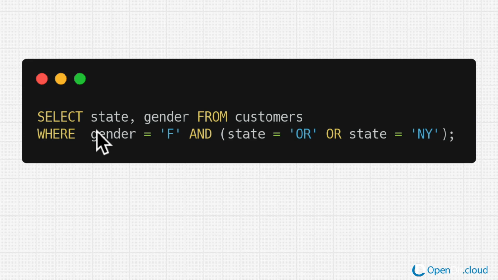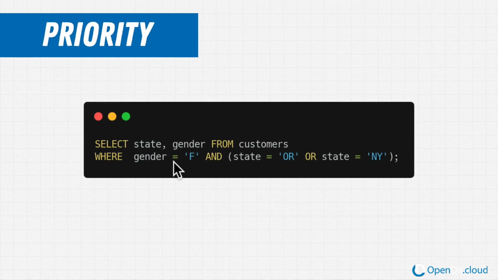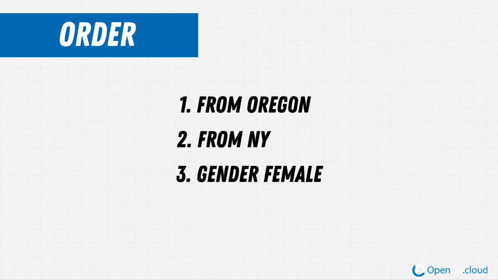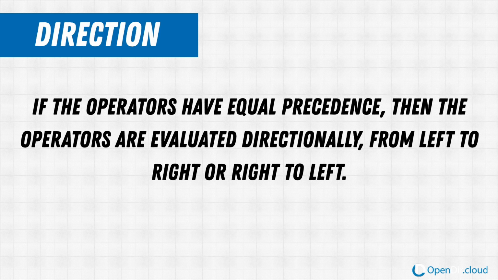And then we're tacking on the ability to filter on gender, because we know that we can read this as, well, it's either this or this, and for both of them, this. So that's why we read it as 1, filter everyone from Oregon, 2, from New York, and 3, filter out the females.